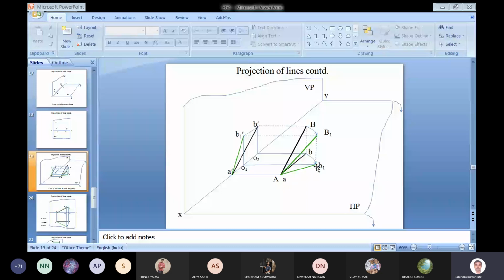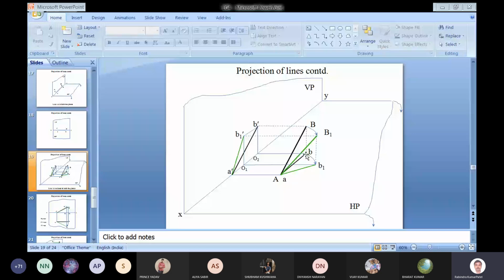After rotating, one more thing, we will get the projection A dash B dash as a true length, and here AB, the projection of line capital A, capital B, as a shortened length, that is the top view of the line AB.